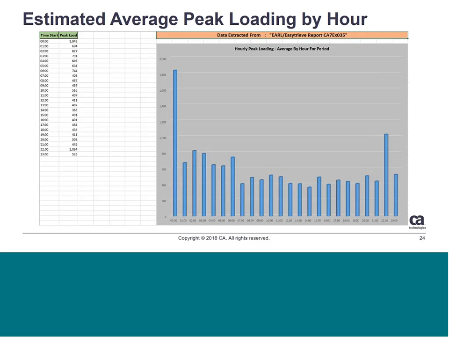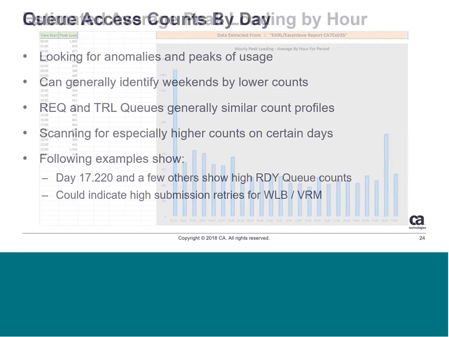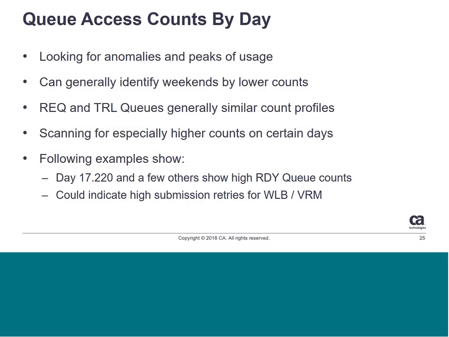with 1,800 job entries, with a lower peak at 10 o'clock in the evening, 10 to 11, just over 1,000. So we can look at that and say, okay, our peak load at that point is 1,843.